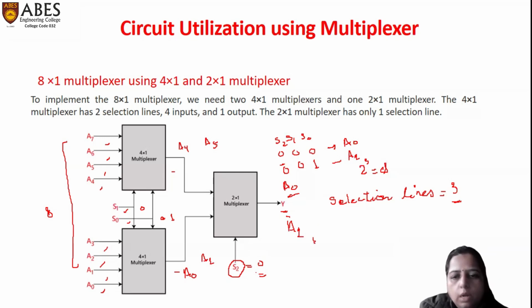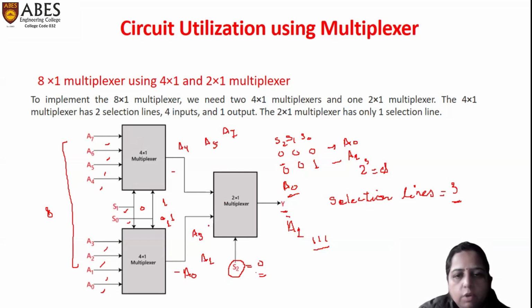Similarly, this will go till 1, 1, 1. For S0 equal to 1 and S1 equal to 1, for the upper multiplexer A7 will be selected, and for the lower multiplexer A3 will be selected.